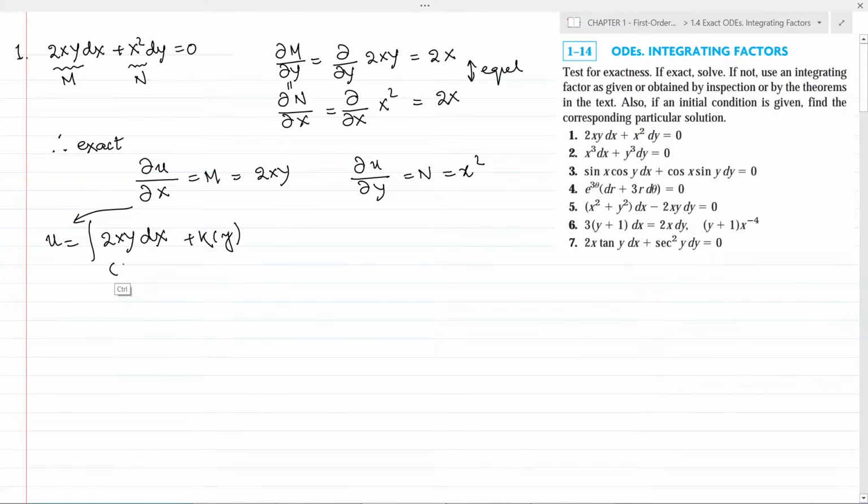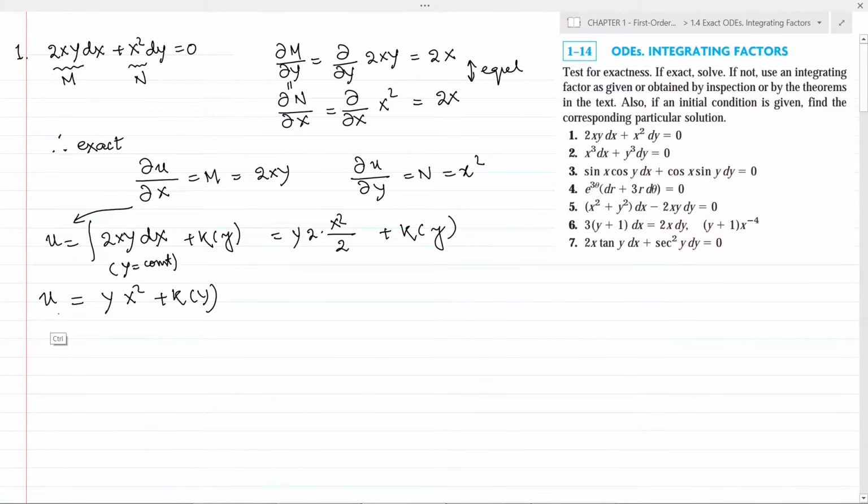For this integration, we take y equal to constant. Now, since y is a constant, we take it out of the integration, and the integration of 2x dx is 2 multiplied by x square by 2 plus k of y, which is equal to y x square plus k of y.